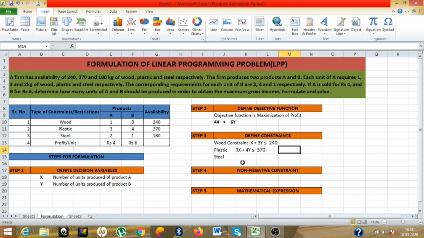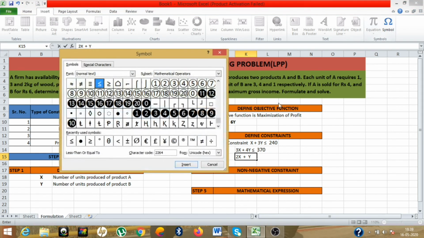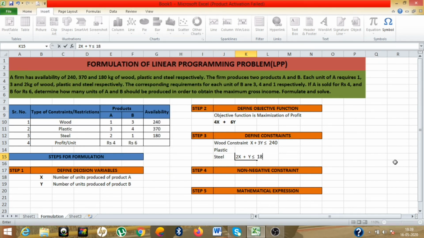The third constraint is steel. So each unit of product A requires 2 kg of steel and each unit of product B requires 1 kg of steel. So the total steel to make each units of A and B is 2x plus 1y less than equals to 180.